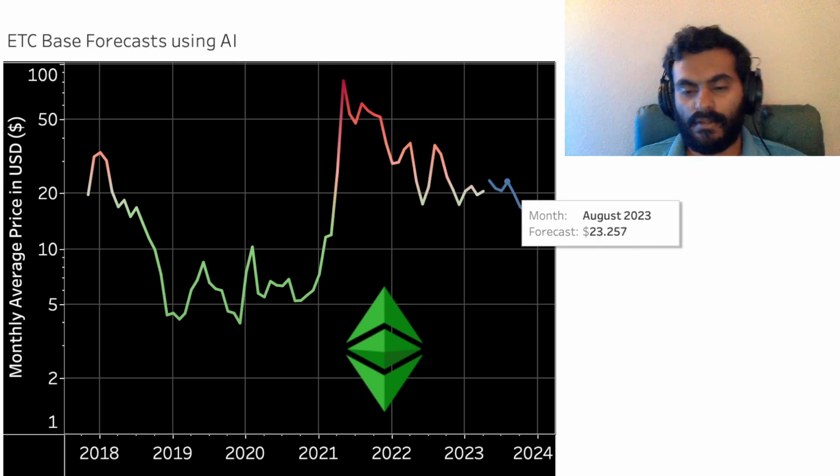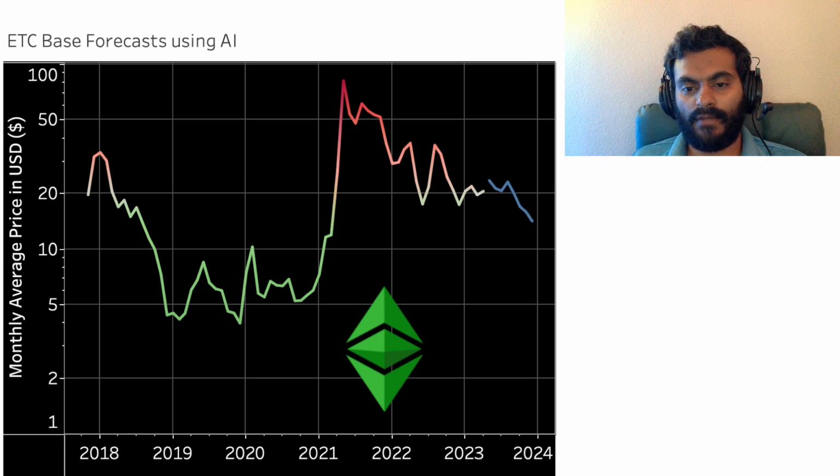In August, it again forecasts a slight bullish rally to a price of $23.25. Since August, the model predicts that the token will crash till the end of the year. In September, the average price forecasted is around $20.15. For October, $17.11.